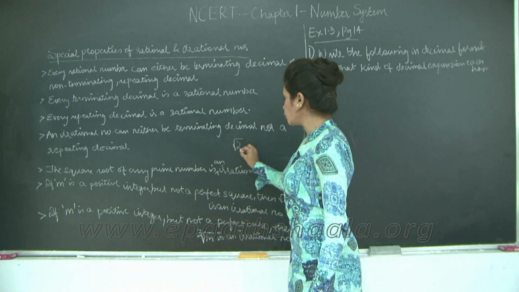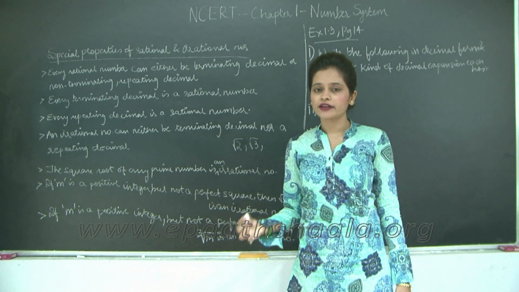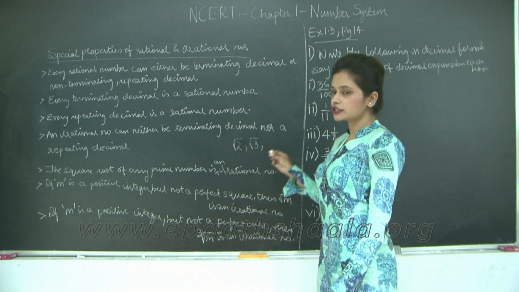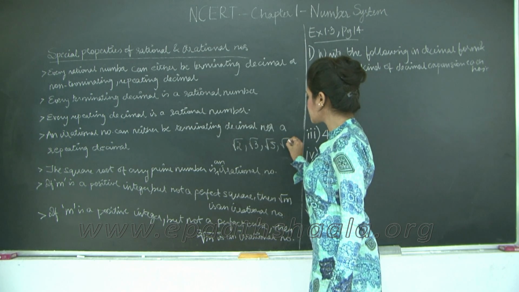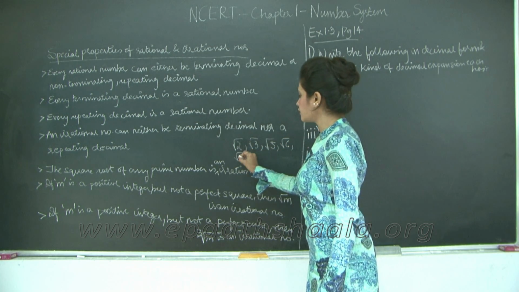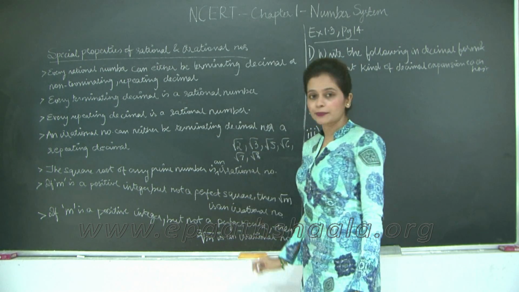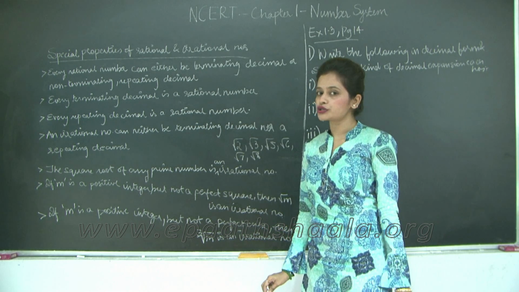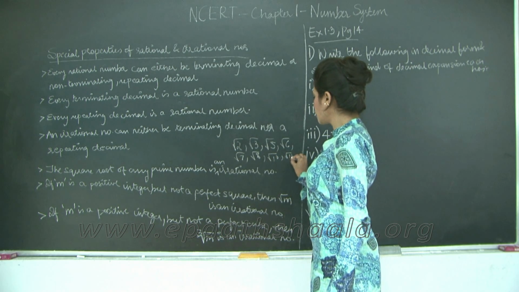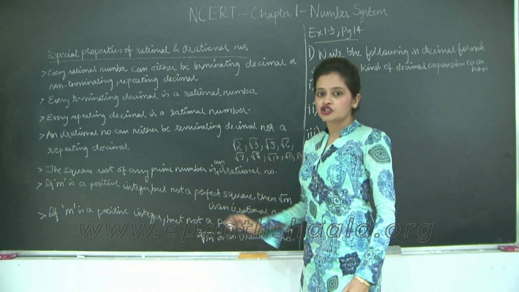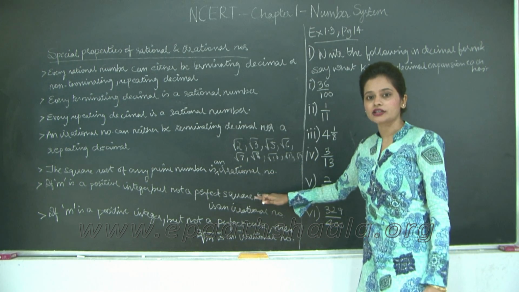We have root 2, root 3; root 4 is a perfect square, so root 4 is going to give you 2, so that is not irrational. Then we have root 5, root 6, root 7, root 8, not root 9, because 9 is a perfect square and the square root of 9 is 3. So not 9; root 10, root 11, root 12 and so on. So square roots of positive integers that are not perfect squares are irrational numbers.